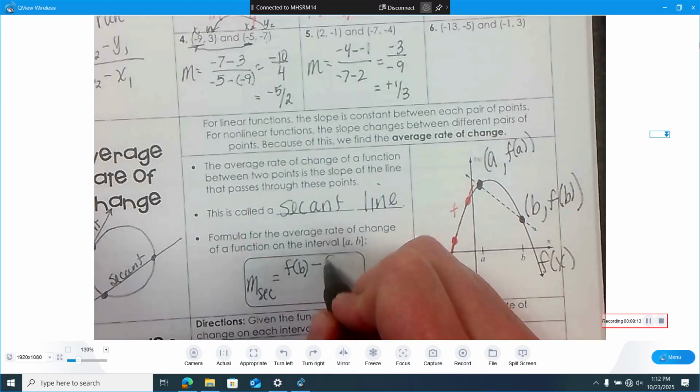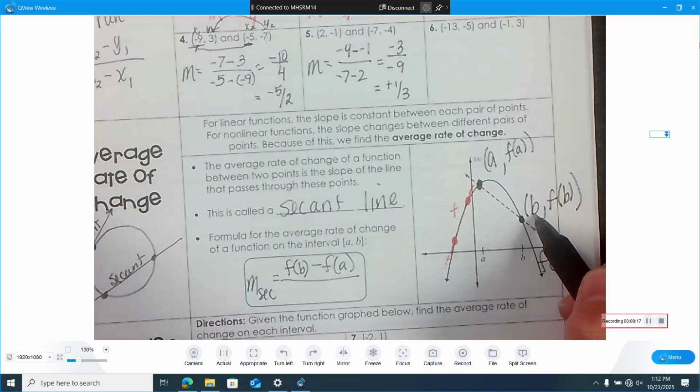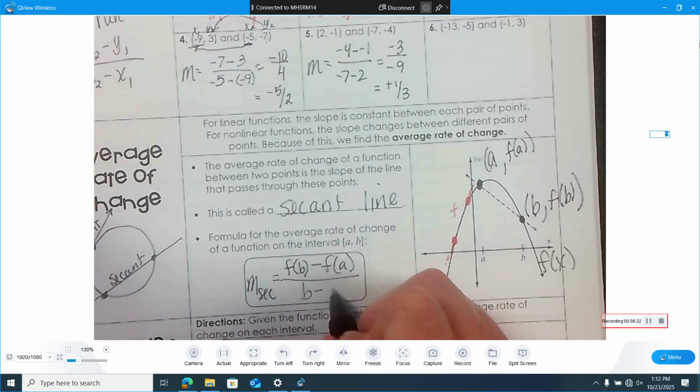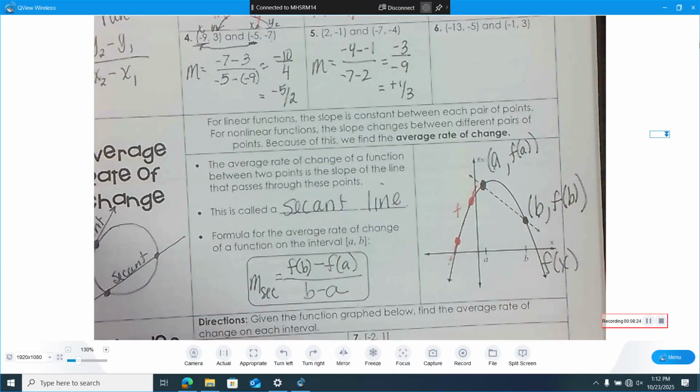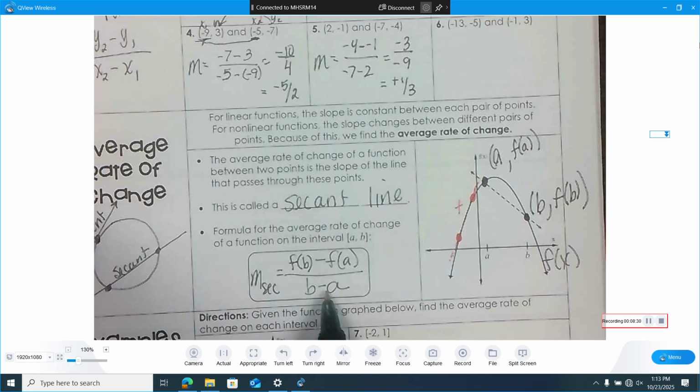F evaluated at a, f of a, all over b minus a, x2 minus x1. So all we're doing is rewriting it using new fancy language. This, again, is just y2 minus y1 over x2 minus x1, but they have new stand-ins, new actors. So this is average rate of change. It's just slope, but a little fancier.